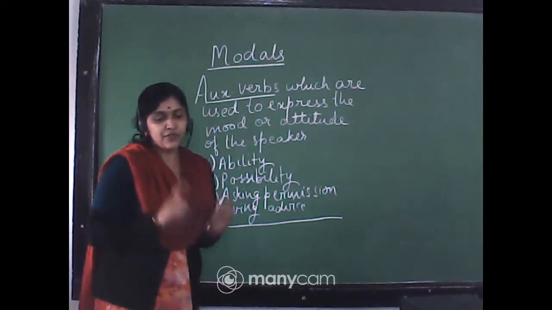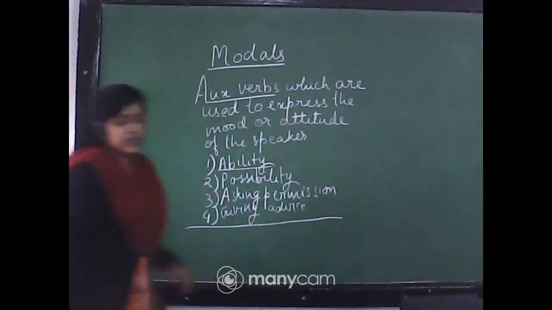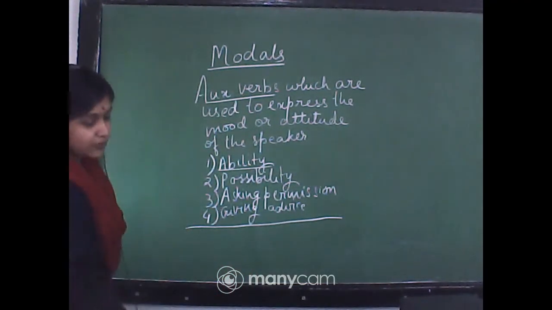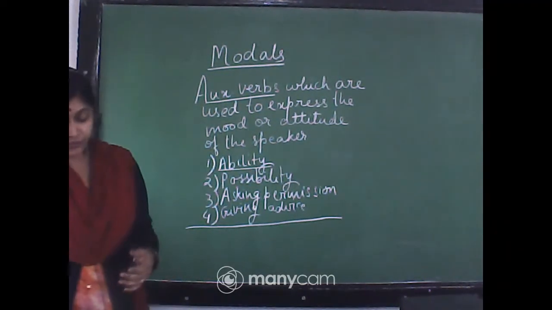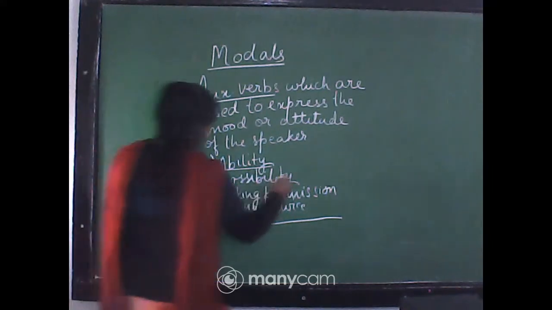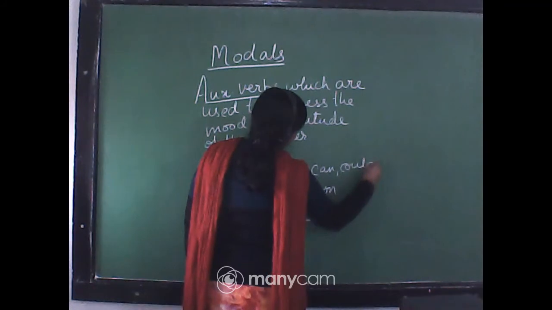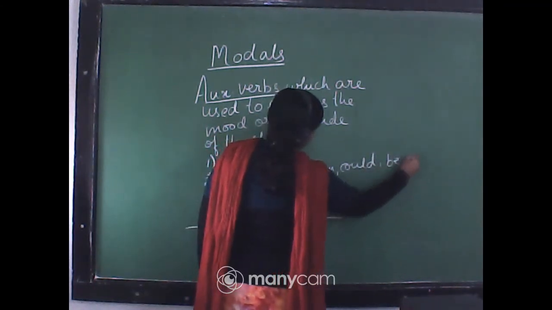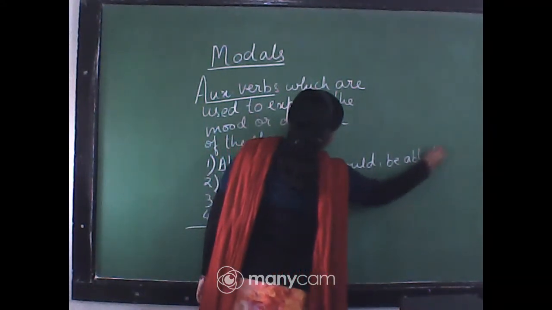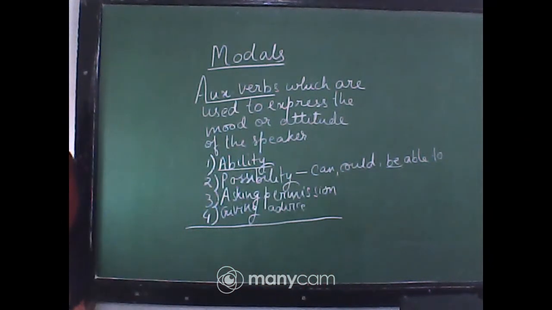Let us start with the first usage of the modal, that is ability. We can use different modals to convey ability of the speaker. So what are the modals which we use for conveying the ability? Can, could, and be able to. Be able to means it's just the be verb which will change according to the tense of the sentence.